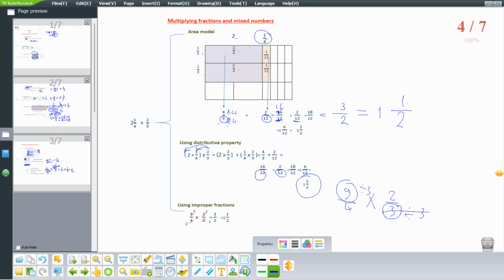Divided by 3, it will be 1, and it will be 3. And 2 divided by 2, yes, 1. And 4 divided by 2 equals 2. So it will be 3. 3 times 1 equals 3, and 2 times 1 equals 2, so it will be 3 over 2, which is 1.5.